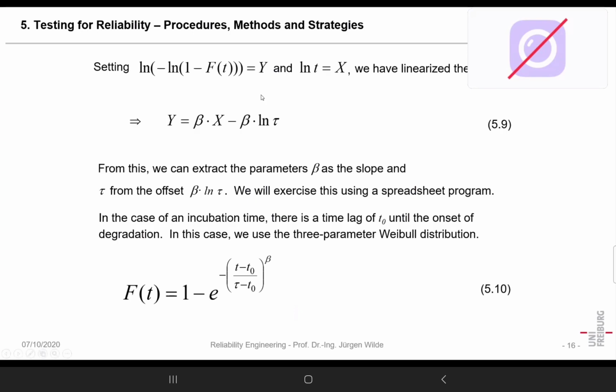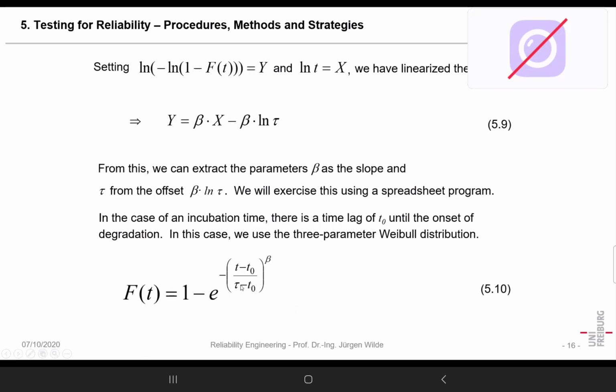That means both the t and the tau, you subtract that lag time. Of course, in some way, you must estimate that lag time.